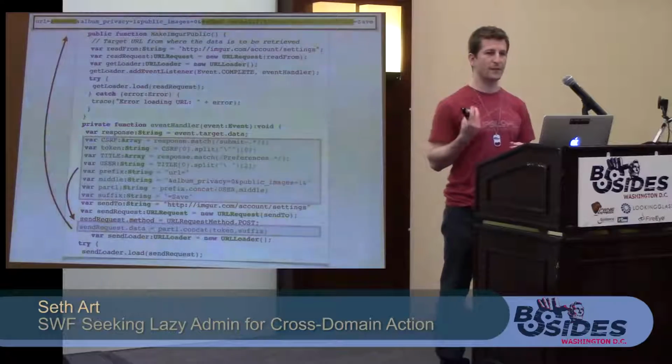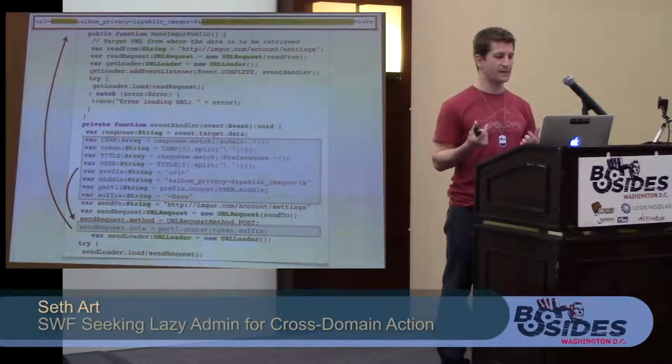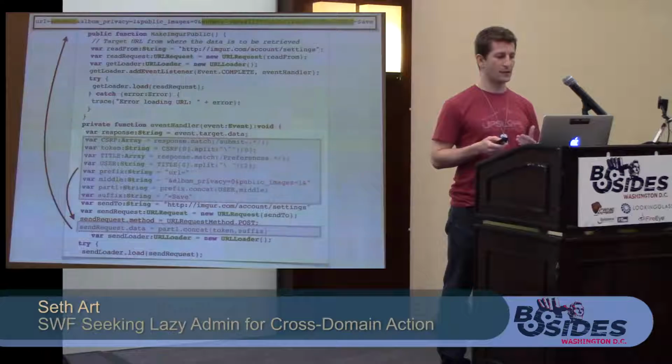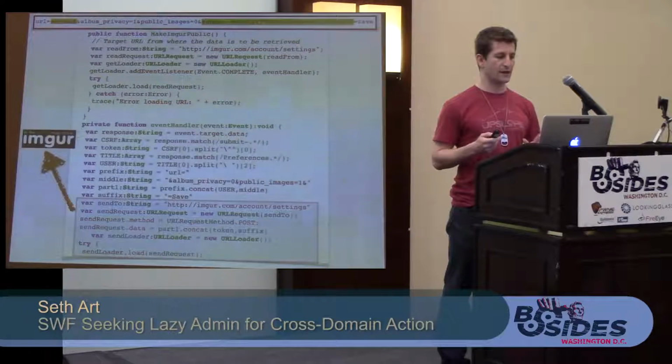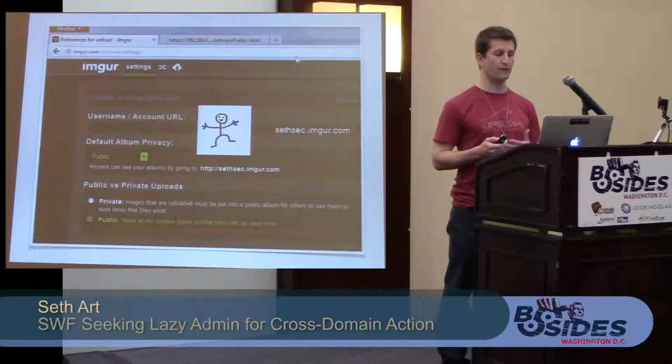Once it has all the dynamic pieces, in yellow, it concatenates them with the static pieces, the make-your-album-privacy-public part, up top. It creates that POST request and sends it out to Imager, and the victim, without knowing, has made all of their images public, and the attacker can now see those pictures.